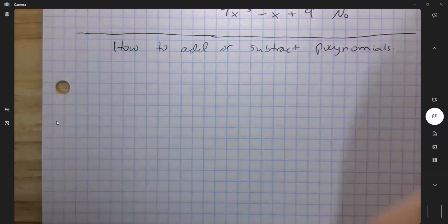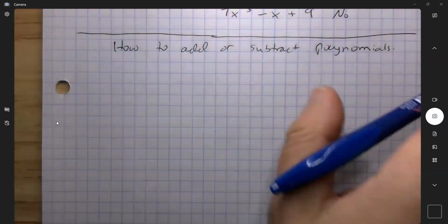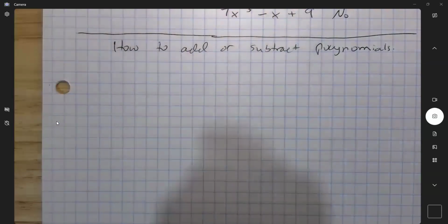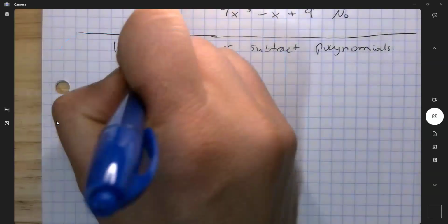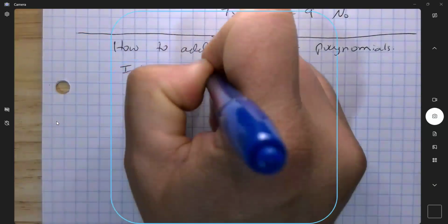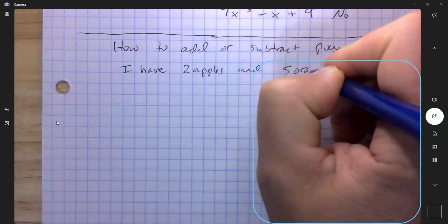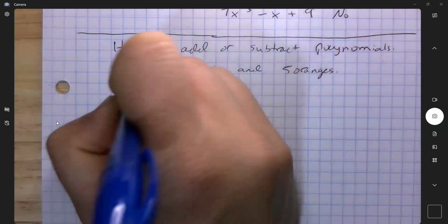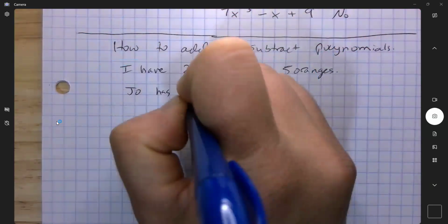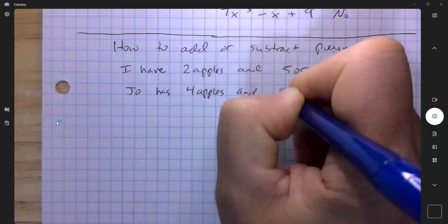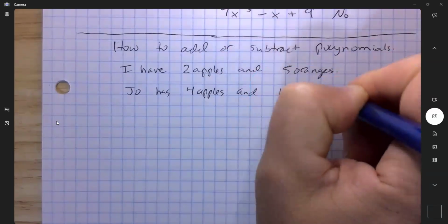I'm going to illustrate it with an example that might seem a little extra simple, but it illustrates the idea really well. I have 2 apples and 5 oranges. Joe has 4 apples and 10 oranges.